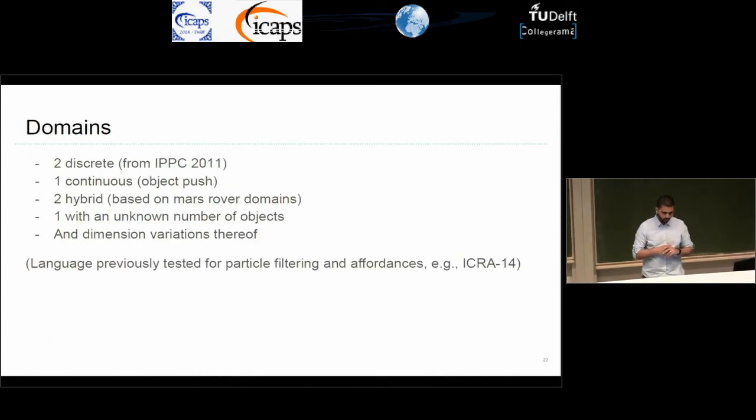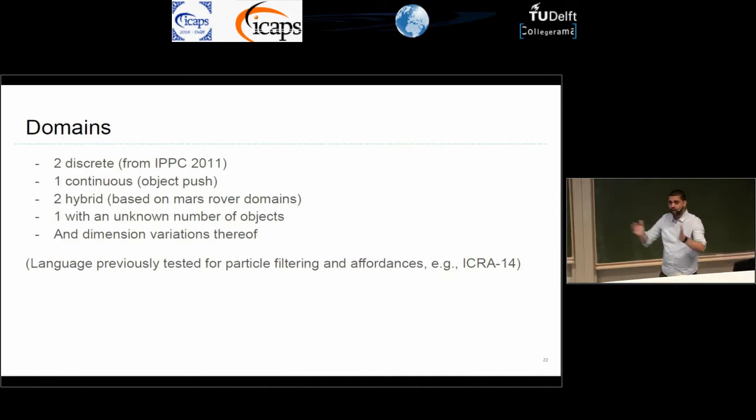To test this work, as I mentioned, we've been testing this language on a number of different domains, including particle filtering, affordances, and so on. But in the planning context, and especially the MDP context, we wanted to look at a bunch of domains. So we picked two discrete domains from IPPC, one continuous one, some hybrid, and also one experimental setup with an unknown number of objects.